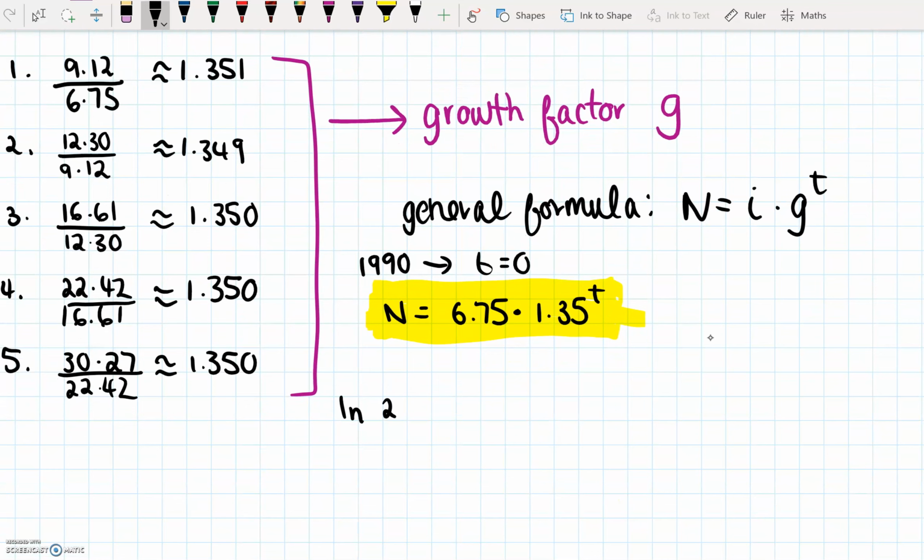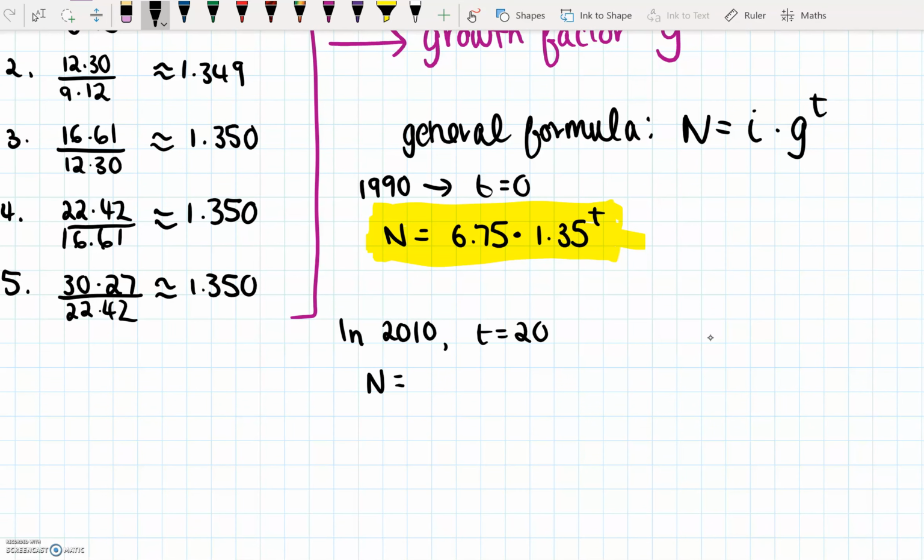So n is equal to 6.75 times 1.35 to the power of 20, and that's going to be approximately equal to 2,728.85. Okay, and that's it.